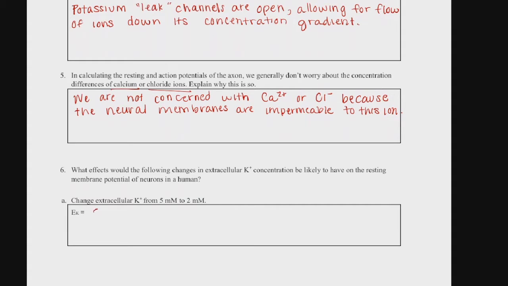So we're going to do that 58 over 1 again, times the log of, instead of 5 over 140, 2 over 140. And that equals negative 107. So when we're changing the concentration from 5 to 2, this actually would hyperpolarize the cell.